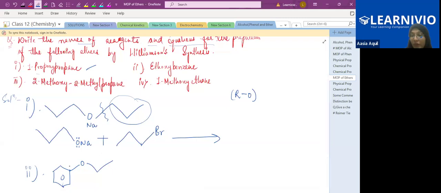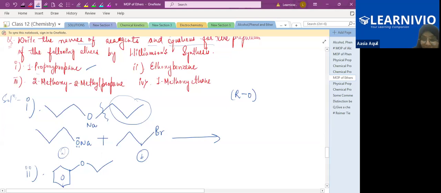The substrate, and the nucleophile which attacks the substrate. Between A and B, which is your nucleophile and which is your substrate? A is nucleophile and B is substrate. Yes, very good. Sodium alkoxide is the nucleophile.